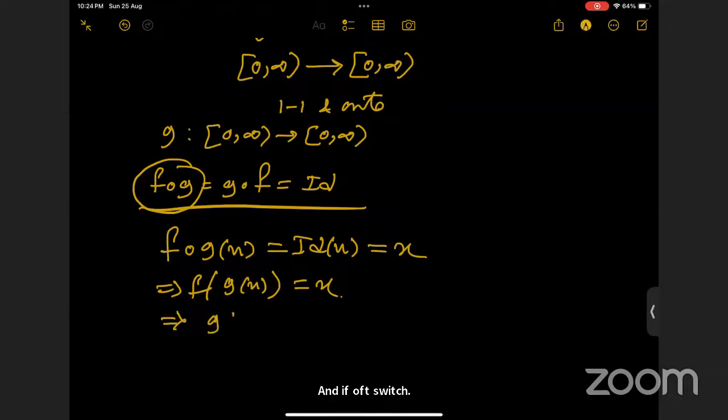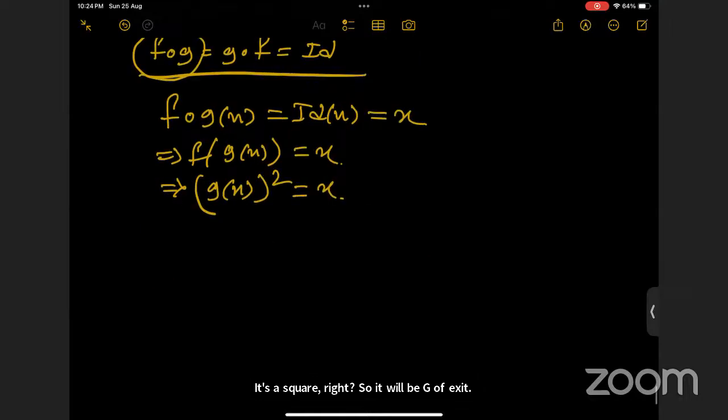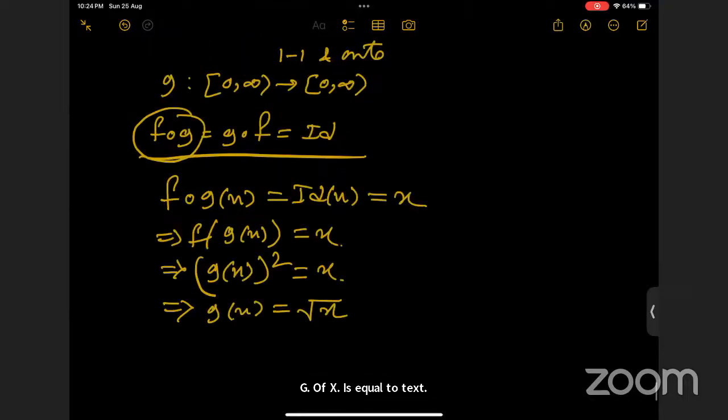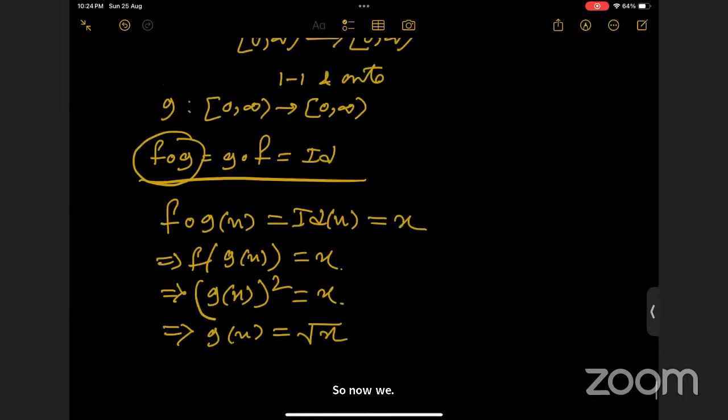So it will be (g of x) whole square equals x, so g of x is equal to root x. So now we can find the inverse of the function f. That is the rule. In this way, we can find the inverse of any function. Fine? Yes, ma'am. This is the general procedure.